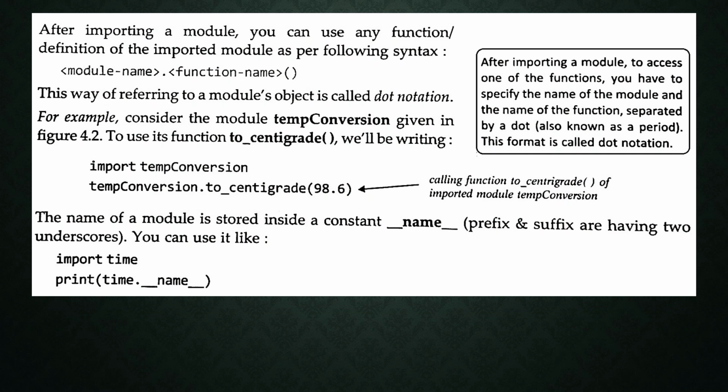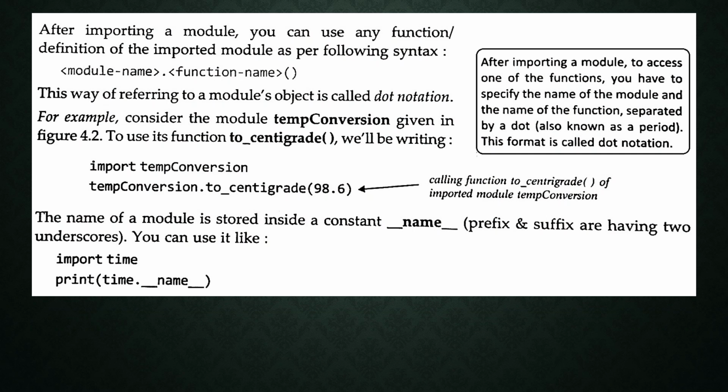See, if you are using import math, we can make use of some functions, for example square root. We can use it like this: math dot sqrt function. This way of referring to a module's object is called dot notation. The dot is used to access an object of a module. So dot notation is important.